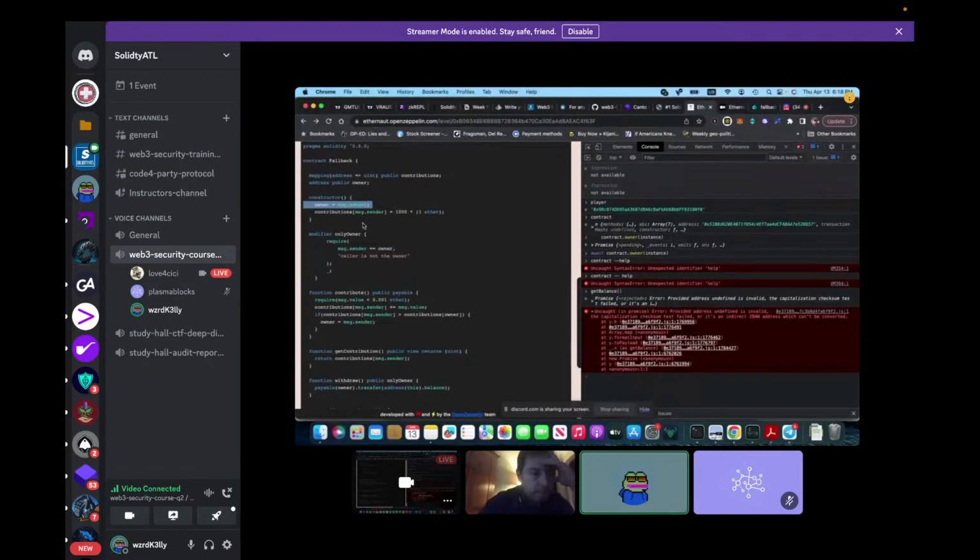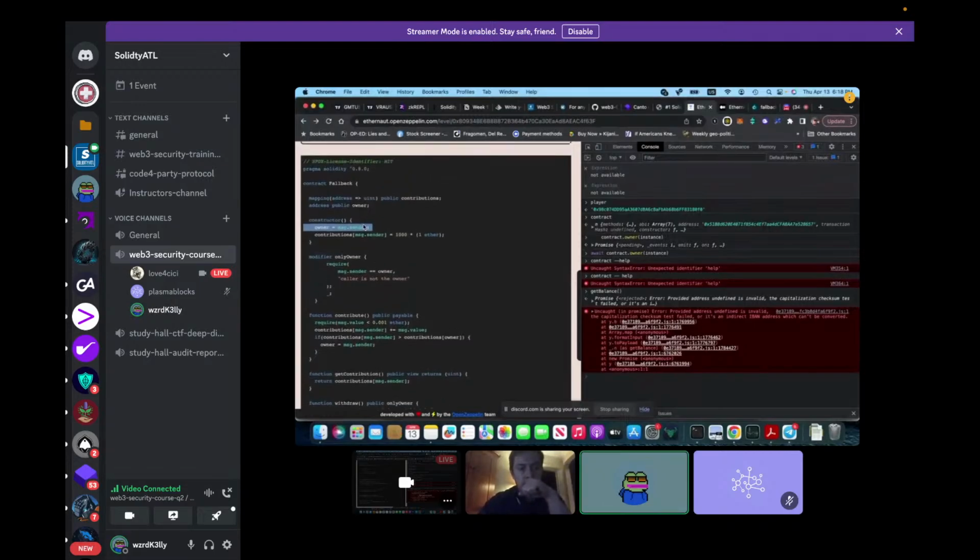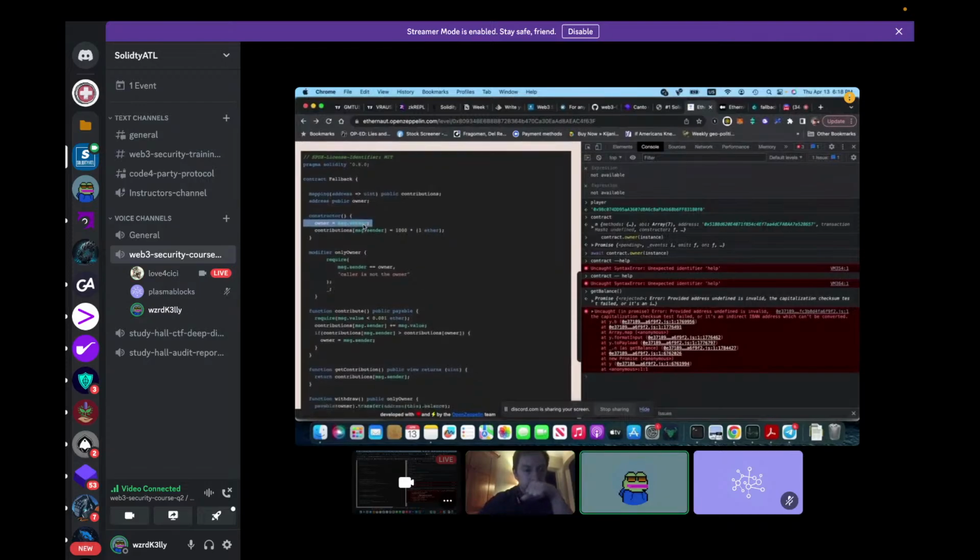So what's happening here is Ethernaut is actually going to be the one that deploys this contract, because they're deploying it for us to attack. So whenever you look at the owner field, there should be an owner. It shouldn't be empty.